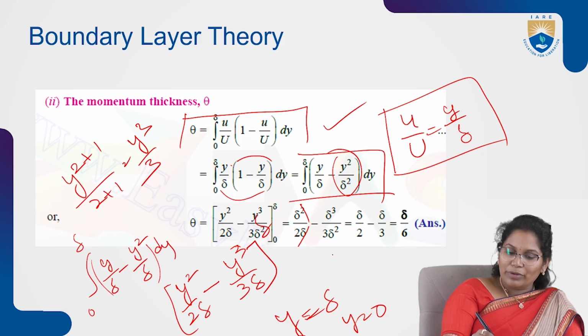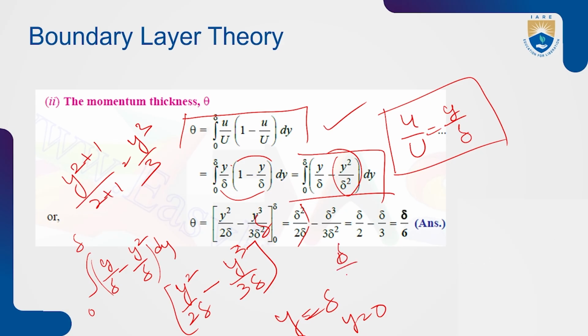So it becomes delta by 2 minus delta by 3, which is 3 delta minus 2 delta by 6, that is delta by 6. So theta is equal to delta by 6.